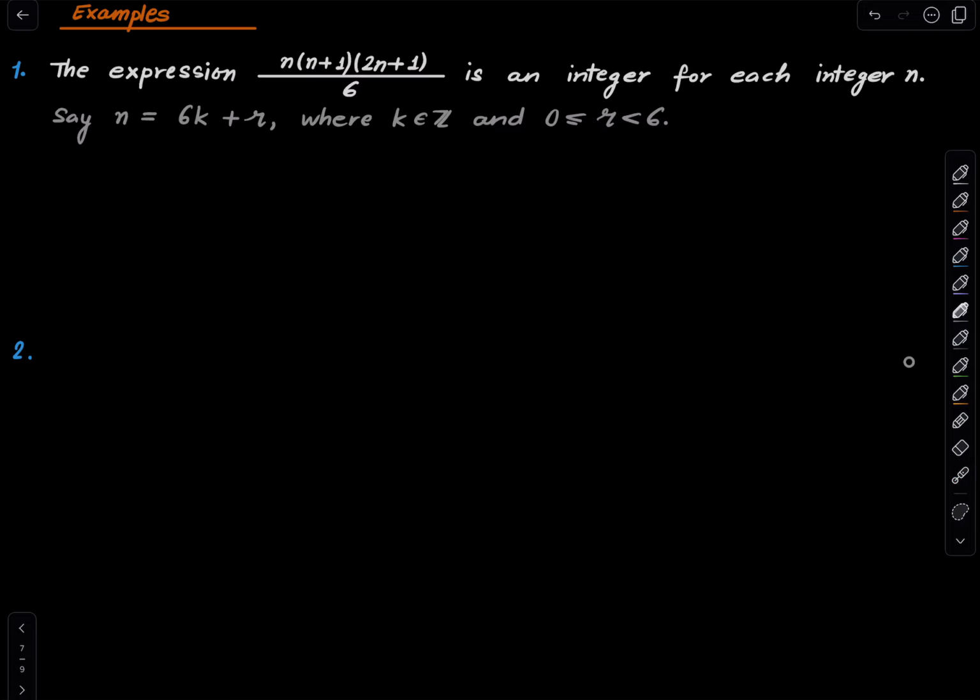Okay, so what is this expression? This expression is 6k plus r, 6k plus r plus 1, and here we'll see 12k plus 2r plus 1.